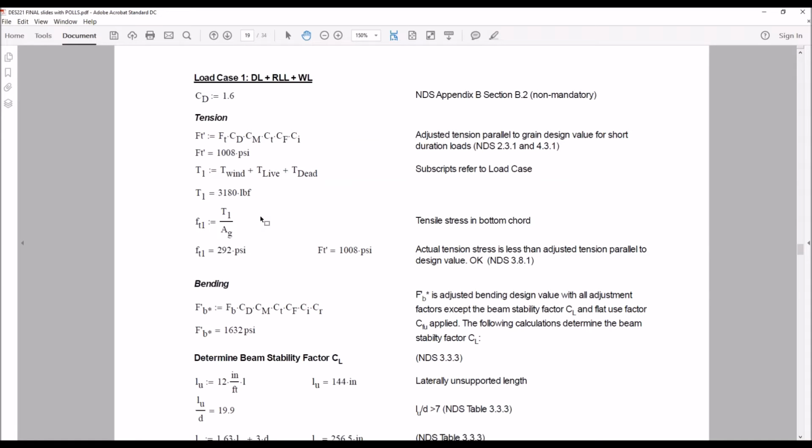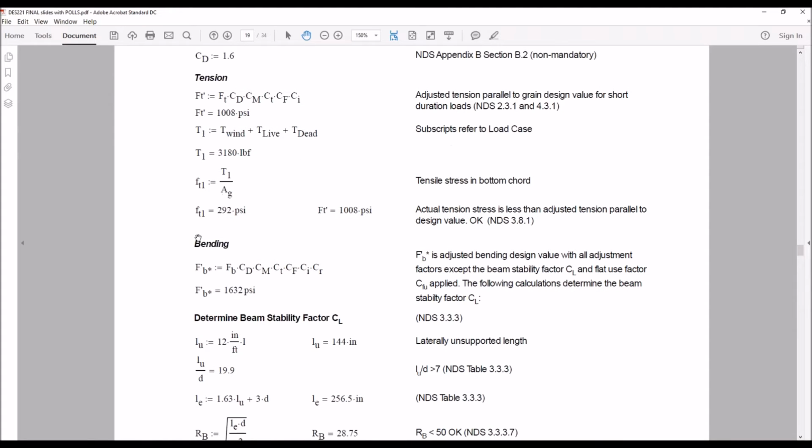So to convert that to a tensile stress, we need to divide that T sub 1 value by the area, and we get an applied actual tension stress of 292 psi, which is less than our allowable adjusted value.